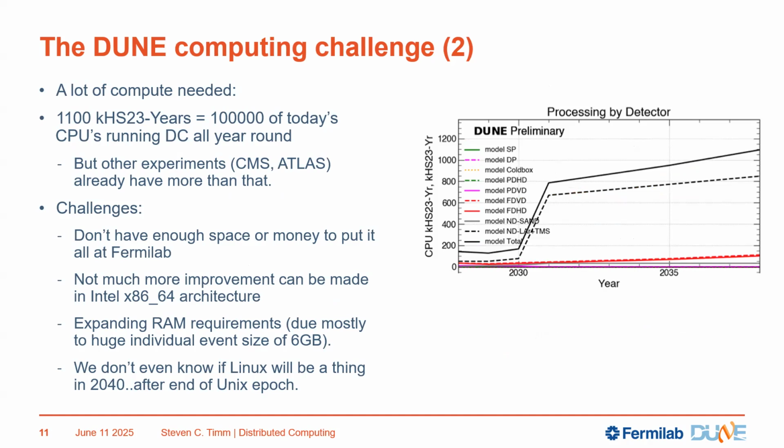The kilo HepSpec 23 year. So first of all, what's a HepSpec 23? The SPEC organization is what specifies the industry standard of how performant your computer is. And there are, I think, about 16 different benchmarks that they use, 8 for floating point, 8 for integer.